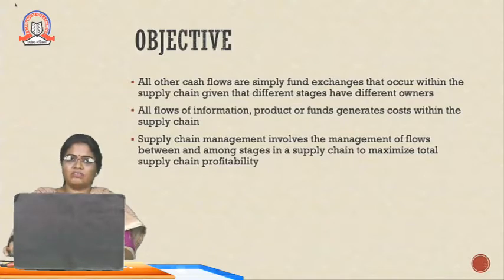All flows of information, product or funds generate costs within the supply chain. Supply chain management involves the management of flows between and among stages in a supply chain to maximize total supply chain profitability.